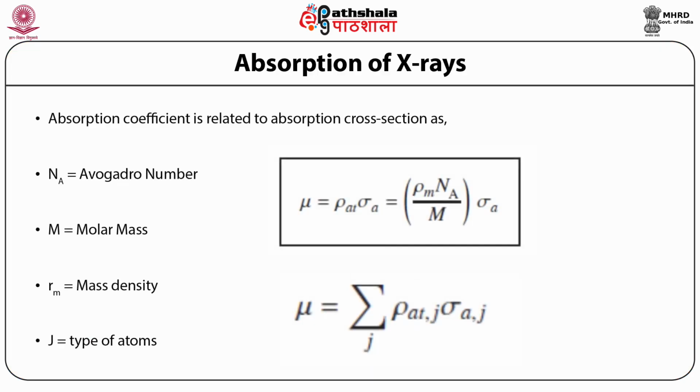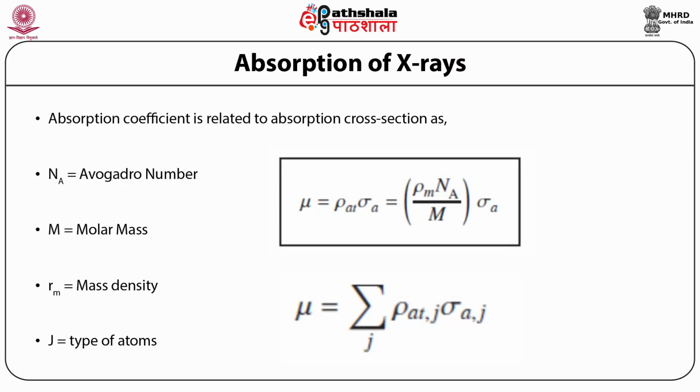So this formula, W is equal to I rho_at dz sigma_a, represents the probability of absorption of a given incident radiation. Here in this slide we have shown the mathematical form of the linear absorption coefficient.